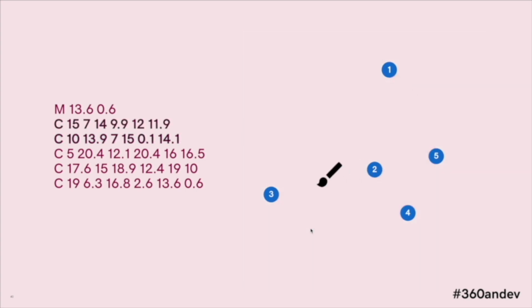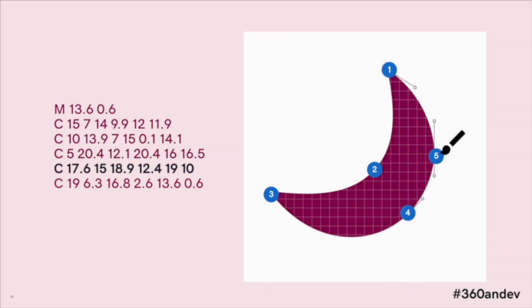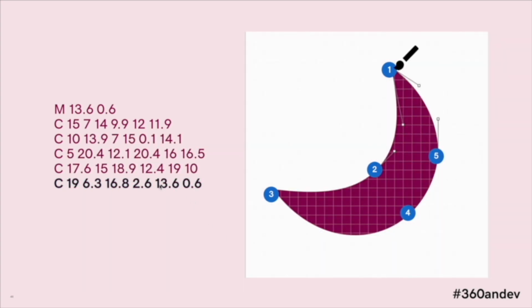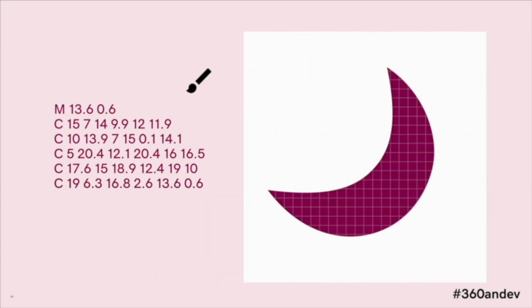So we draw these various other curves, and we finally move back to the original point, that is 13.6, where we started from. We could again have used a Z in this case. So we have successfully drawn a moon shape, a vector shape. Congratulations.